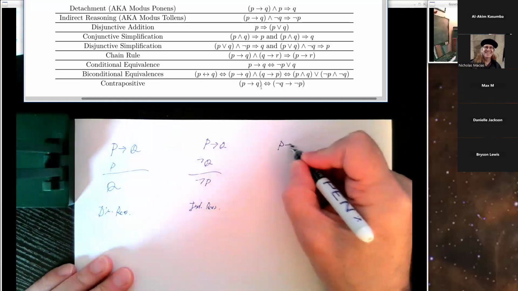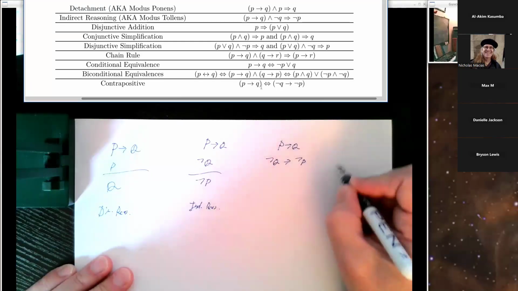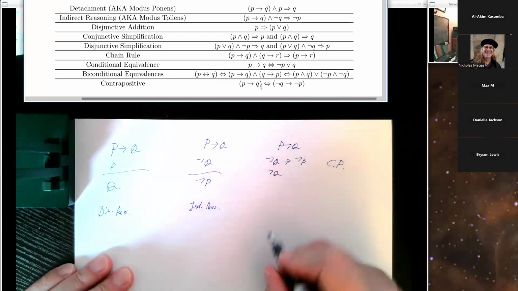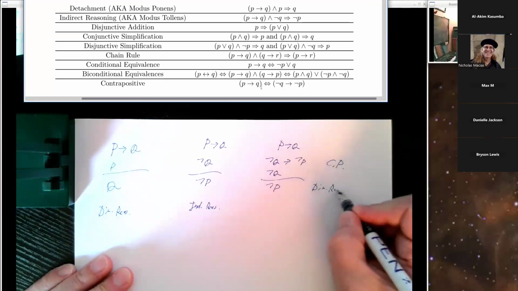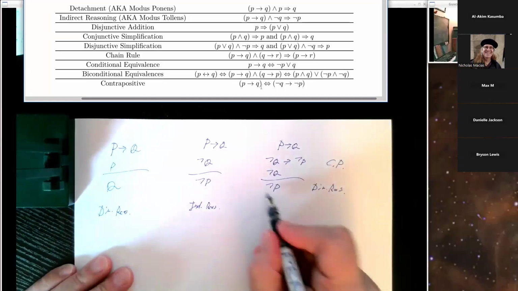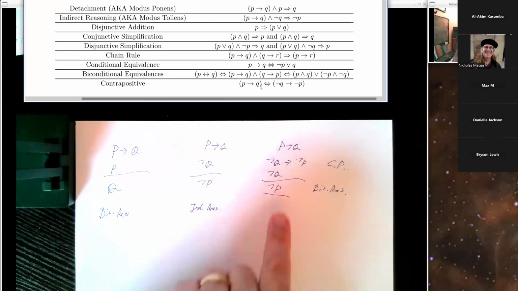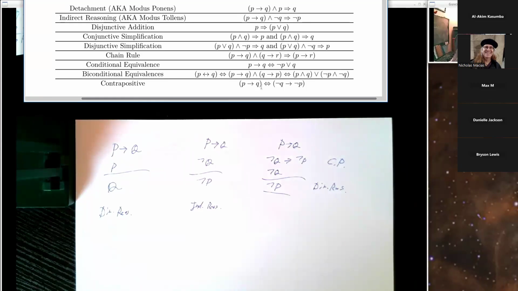But if P implies Q, we can get not Q implies not P. That's the contrapositive. And if we're told not Q, we can conclude not P. That's direct reasoning. Right? So we can get there indirectly, or we can get there directly by starting with the contrapositive of our first proposition. So indirect reasoning, contrapositive, very, very closely related.